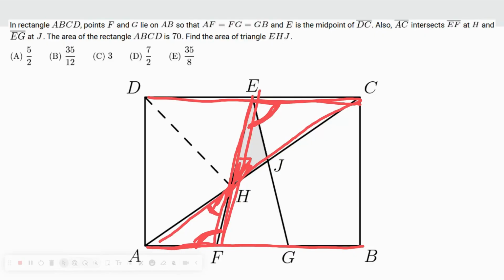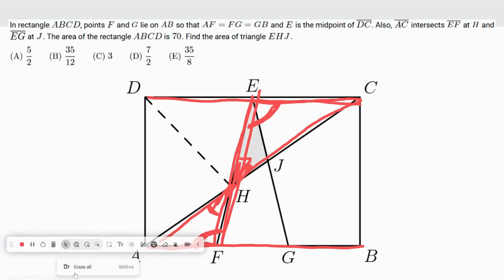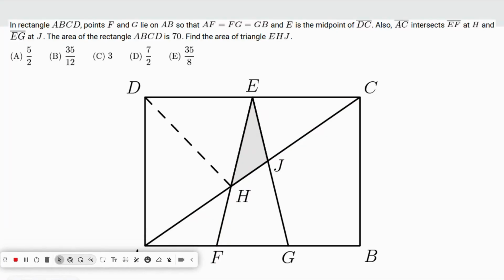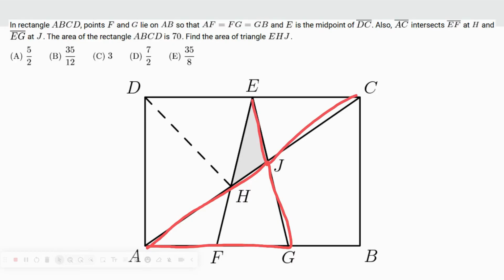We also need to find that another pair of triangles are similar. So erase the board. Okay. You also need to notice that triangle AGJ is similar to triangle CEJ. Again, we have vertical angles here, so those two angles are congruent.